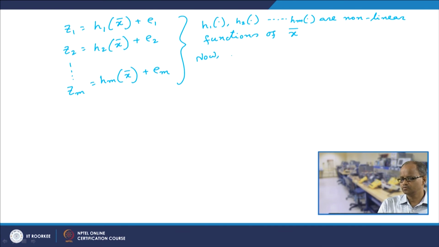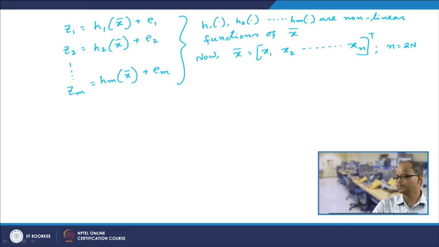Now, let us say the x vector is given by x1, x2, up to xn, transpose. Of course, we should always note that n is equal to 2 into capital N minus 1.